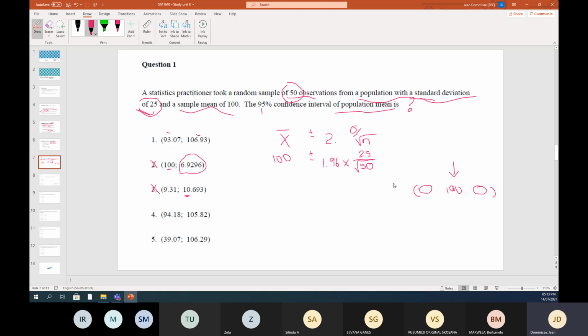So 25 divided by the square root of 50. Okay, why did my calculator not want to do that?